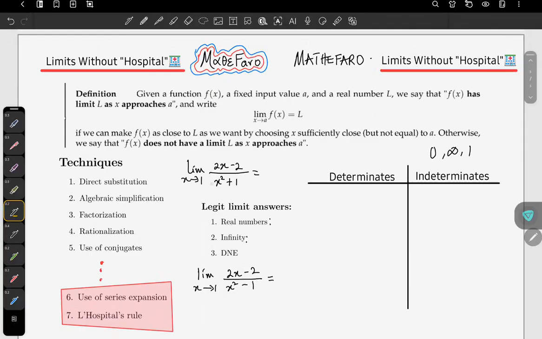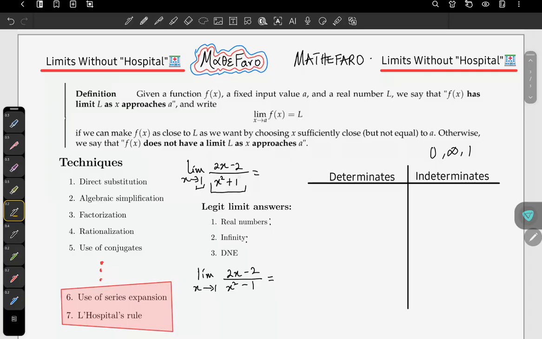So for instance, if this is the function (2x minus 2) over (x squared plus 1), and I'm interested in what happens as I get close to x equal to 1, then the limit tells us that value specifically. Although there's a difference between evaluating a function at a point and getting the limit of the function at that point, for most functions what we do is substitute directly and hope we do not hit an abomination.